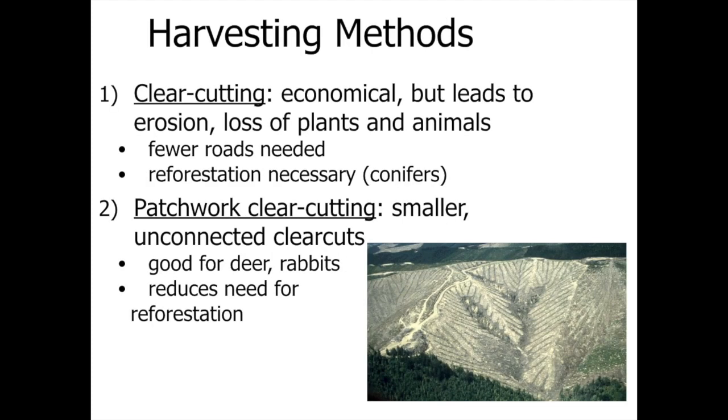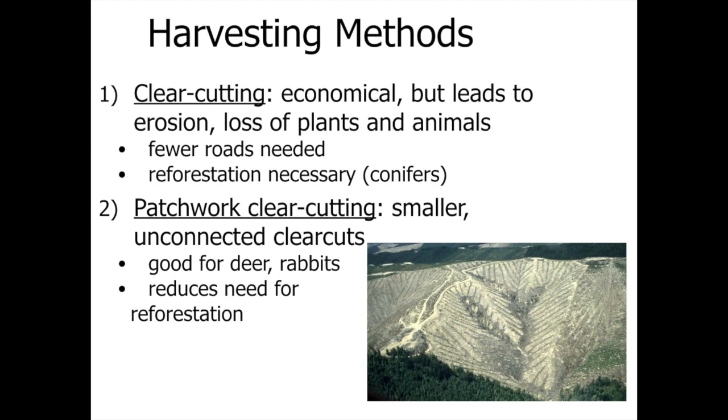Okay, last thing I want to just talk about, harvesting methods. Basically, we have clear cutting and patchwork. Patchwork is more of a planned cutting of trees and agriculture and so forth. So basically, the focus here is just doing smaller areas. It's interconnected, so it doesn't necessarily kill off everything.